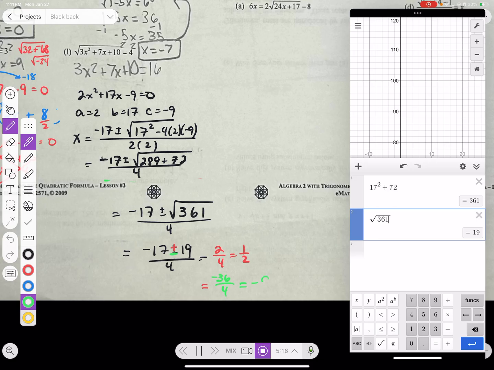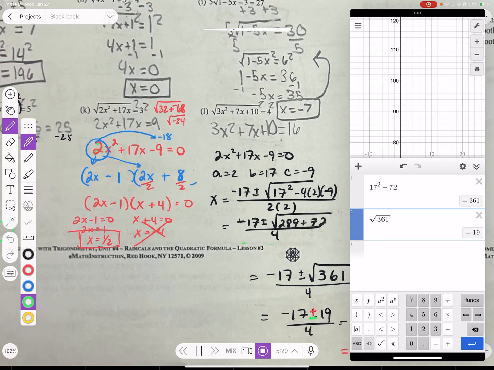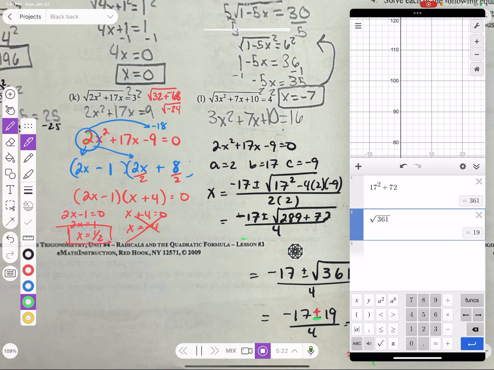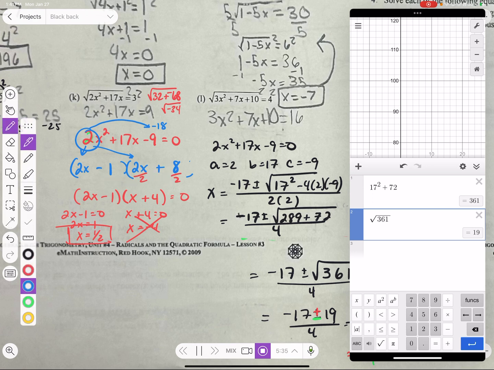That gives me negative 9, which makes me think I did screw this thing up. When I factored it, I think I put a negative 1. That should have been an 18 right there. Shoot. Which gives me a 9 right here. There we go. So x equals negative 9.